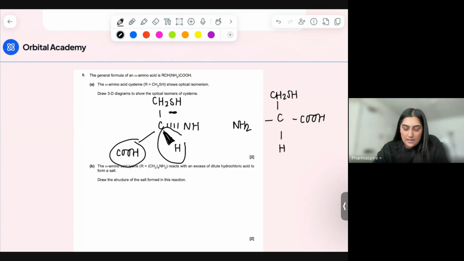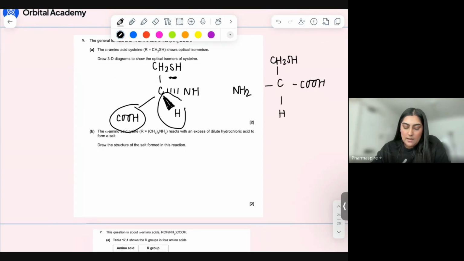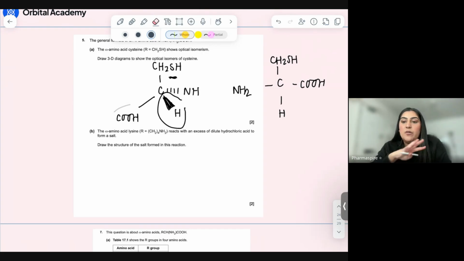Okay, so they want to talk about the alpha amino acid lysine, which reacts with excess dilute hydrochloric acid to form a salt. We need to draw the salt formed, okay? So it's hydrochloric acid. What is going to react with what? The Cl is going to go where? With the R group or the NH2?